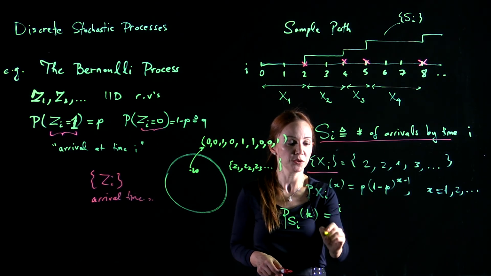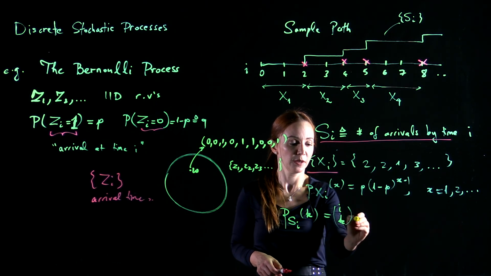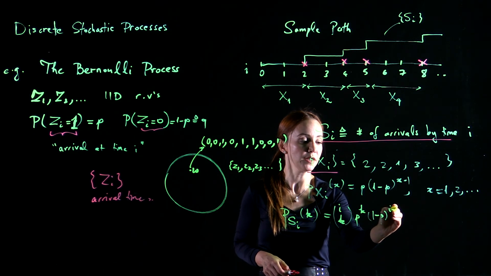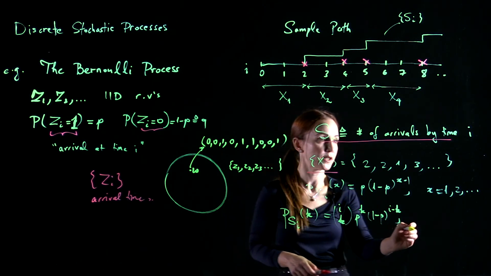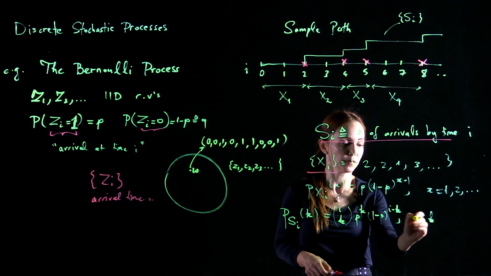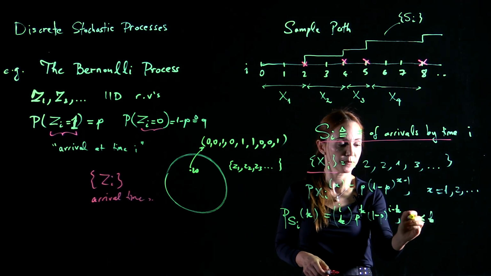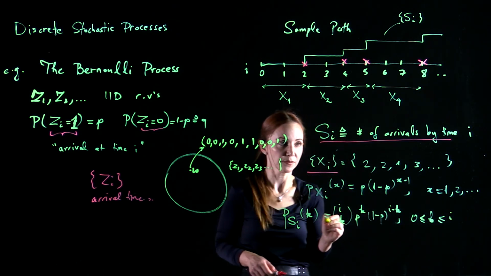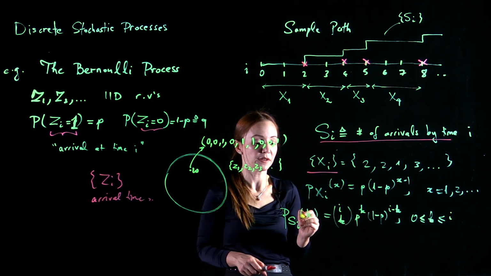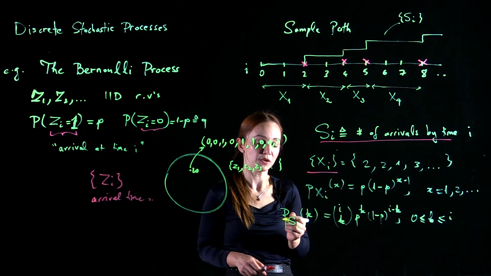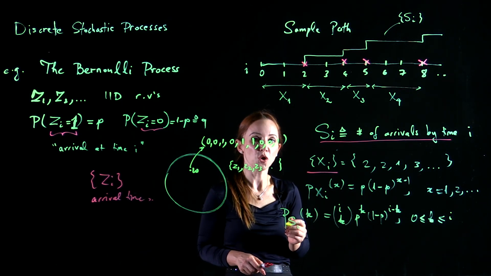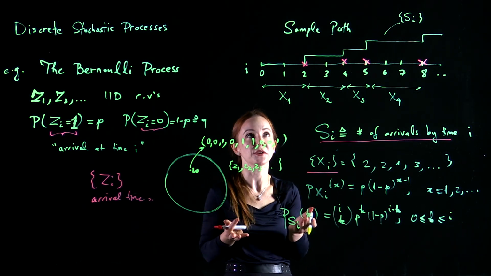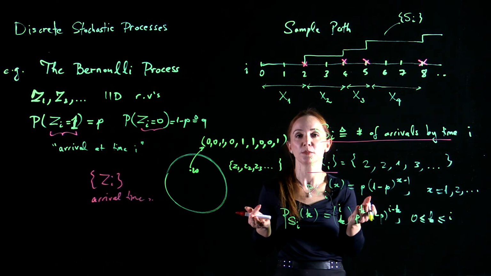This is i choose k, p to the k, (1 minus p) to the i minus k, provided, of course, k is between 0 and i. So this is the probability that there have been k arrivals by time i. So you can see that the Bernoulli, binomial, and geometric distributions come together to characterize the Bernoulli process.